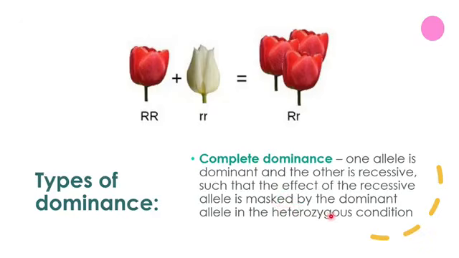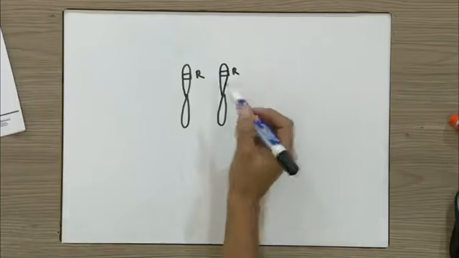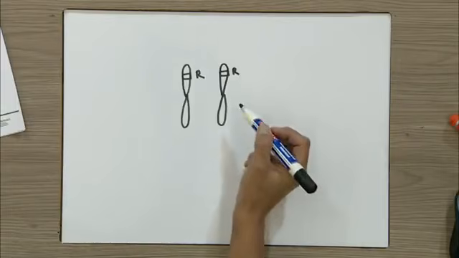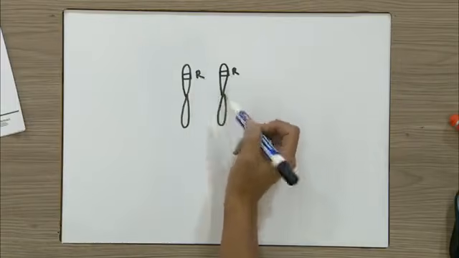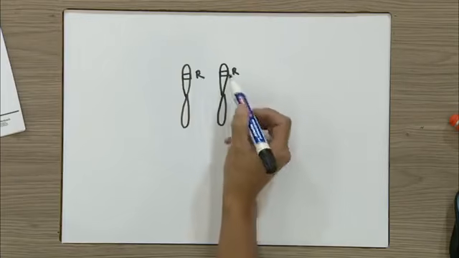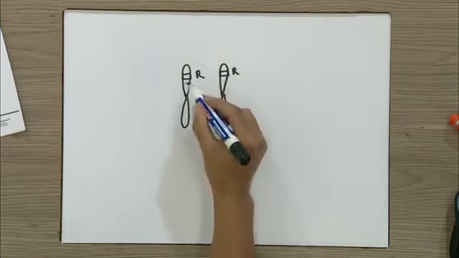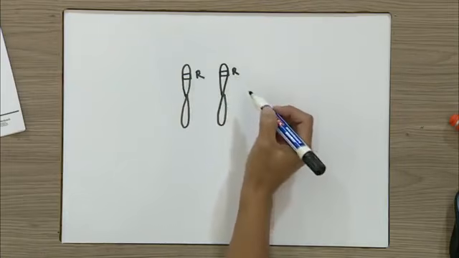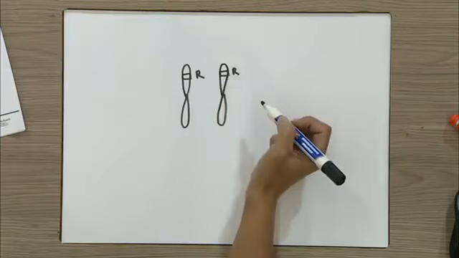I need to go back to my whiteboard, and I'm going to look at these chromosomes that I've drawn here. And here you can see that both alleles look exactly the same. They're both capital letters. That means that it's a homozygous condition, because both alleles look exactly the same.